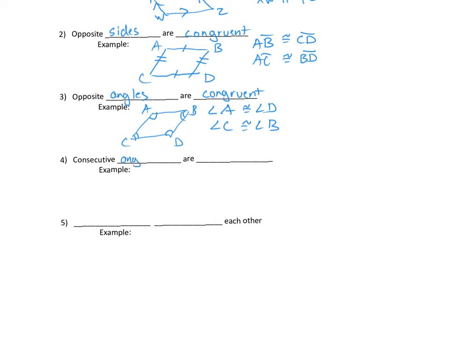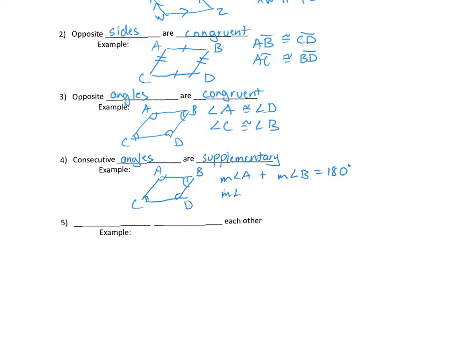Number 4, consecutive angles are supplementary. Going back to my parallelogram, that means A, B, C, D, if I add the measure of angle A plus the measure of angle B, it should equal 180 degrees.